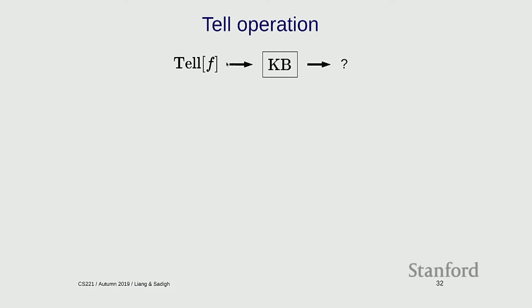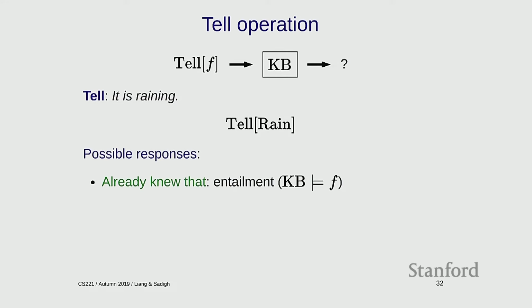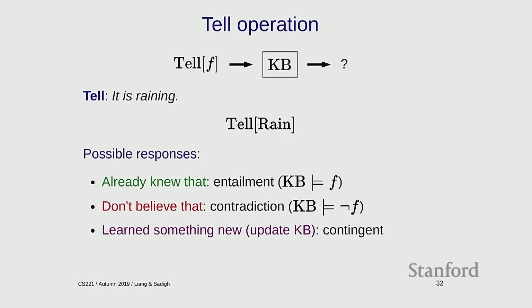If I have a knowledge base and I tell the virtual assistant a particular formula F, there are three possibilities which correspond to different appropriate responses. So if I say it's raining, then if it's an entailment, I say, I already knew that, because I didn't learn anything new. If it's a contradiction, then I should say, I don't believe that, because it's not consistent with my knowledge so far. And otherwise, you learn something new.